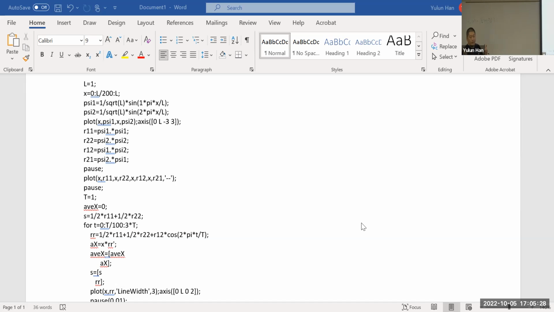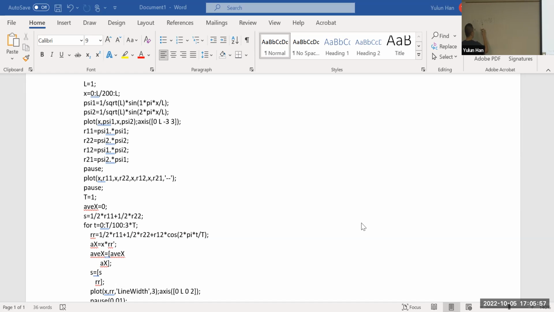I'll give you a brief introduction. So basically, this is a wave function of stationary state for the particle in a box. This n is just your quantum number. Here is a.